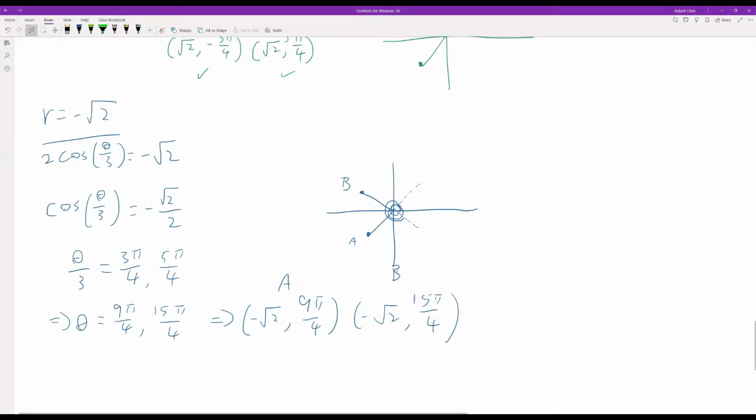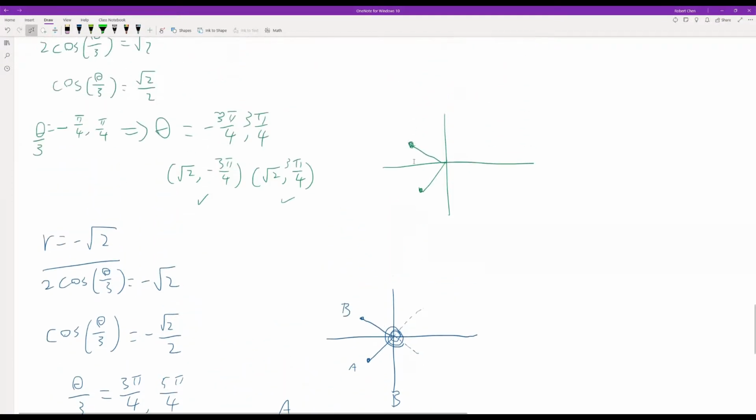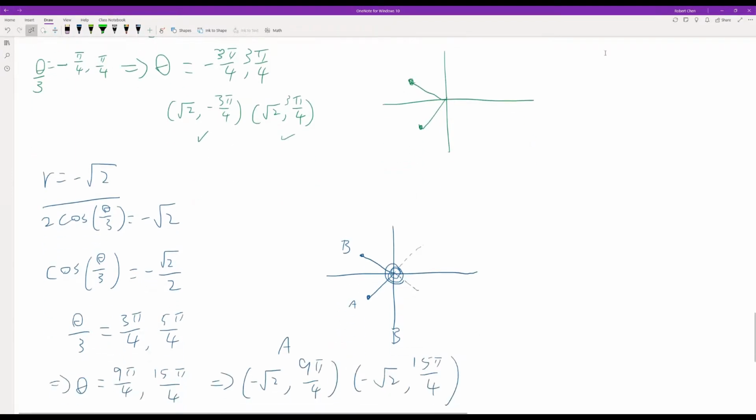Now notice that these 2 points are actually the same thing as our previous 2 points. Let's write them out. This top one is radical 2, 3 pi over 4, and the bottom one is radical 2, negative 3 pi over 4.